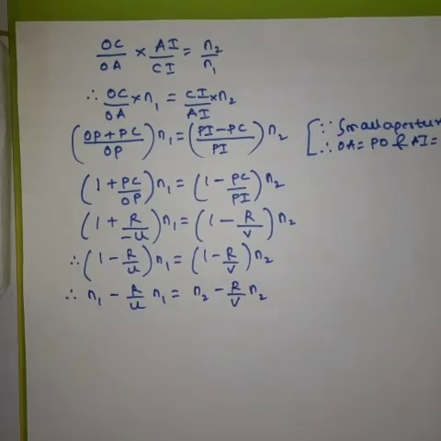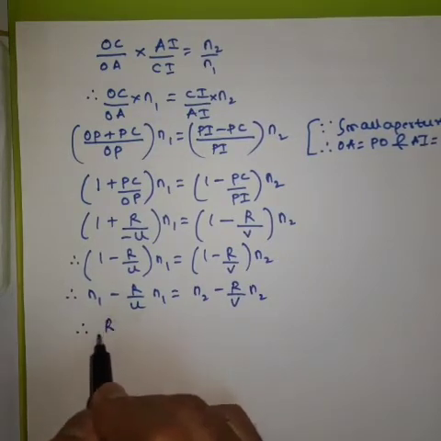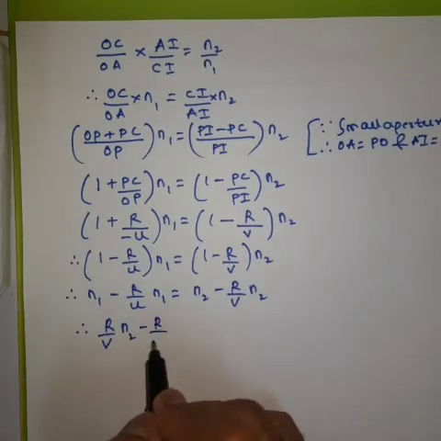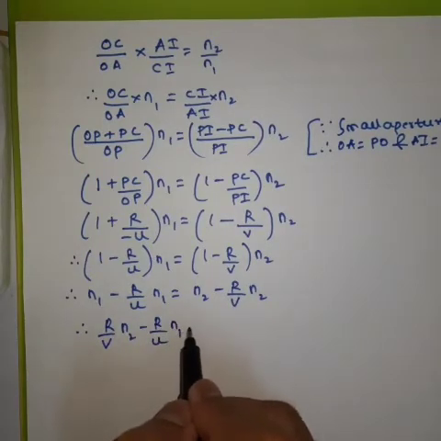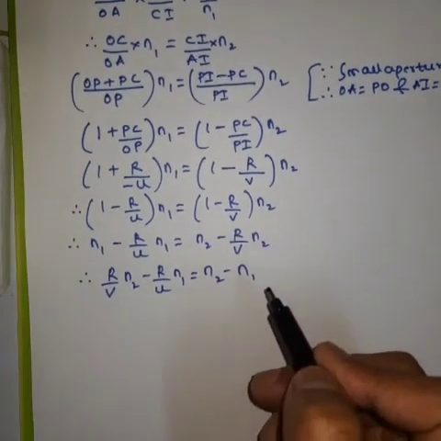I take like terms together, so this is R by V N2 minus R by U N1 equals N2 minus N1.